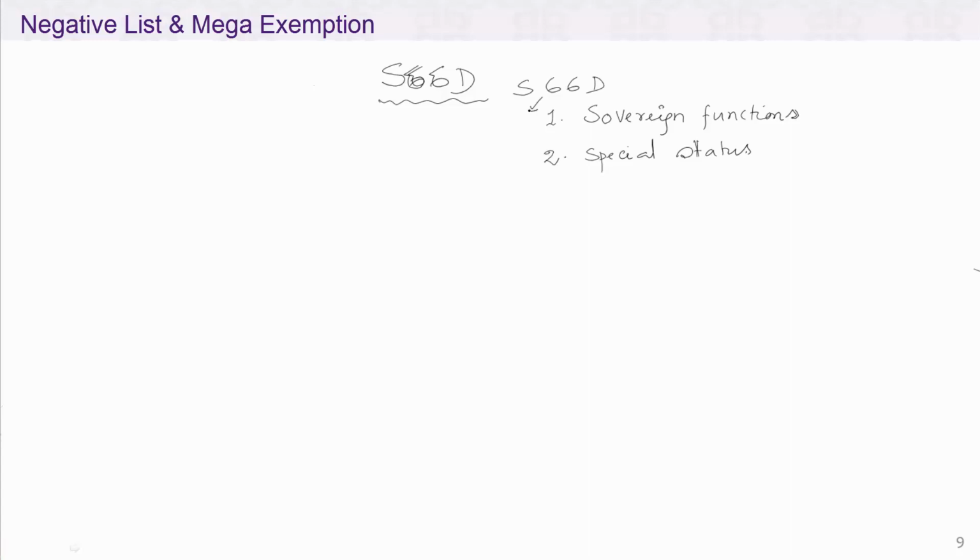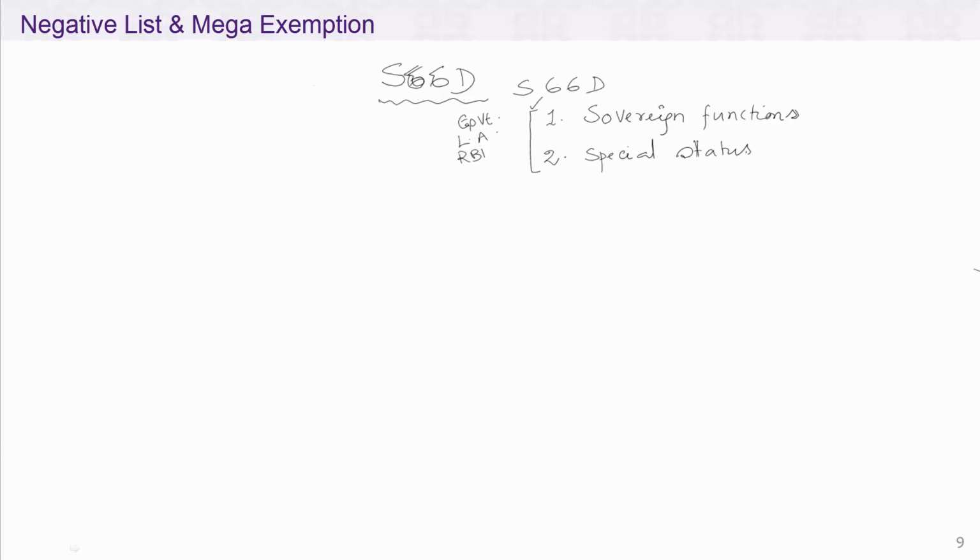If you read together these two and compare this with the list, you see government and local authority like municipality, panchayat, etc., local authorities, and RBI, Reserve Bank of India. In fact, Reserve Bank of India is not government; it's an independent body corporate.